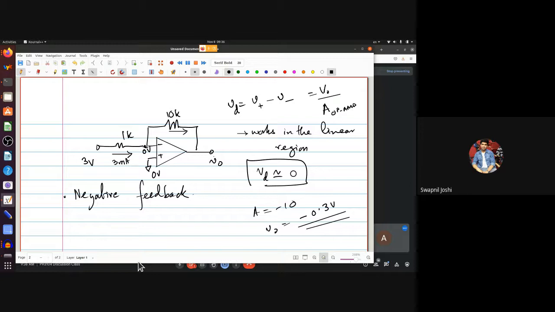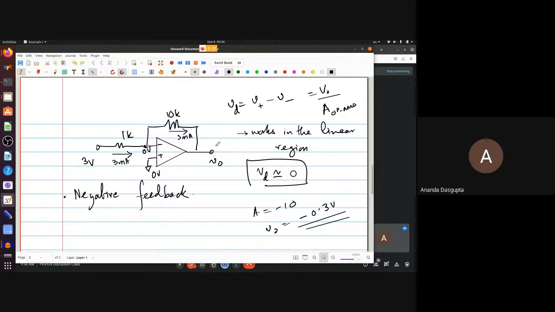Same, 3 milliamperes, again. So how much is the voltage drop across the 10K resistance? Thirty volts. Right, and what should the output be then? It should saturate at the plus VC.